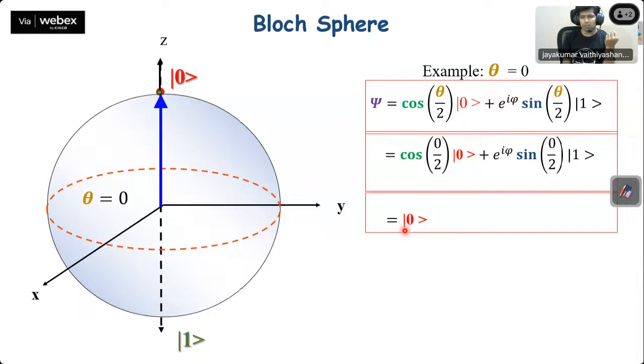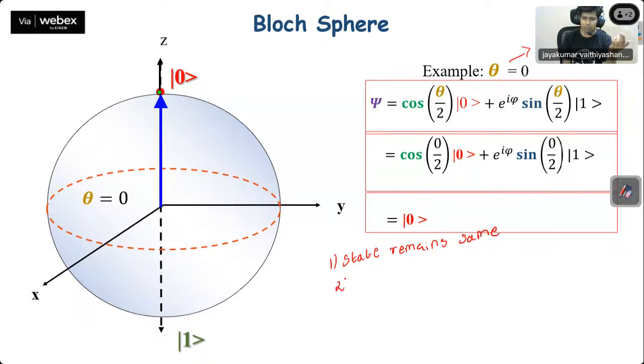So what does it mean? You are applying some operation over your quantum particle. What type of operation? You are applying theta equal to 0, which means you are applying the identity operation. So what happens if you apply the identity operation? The state remains the same.